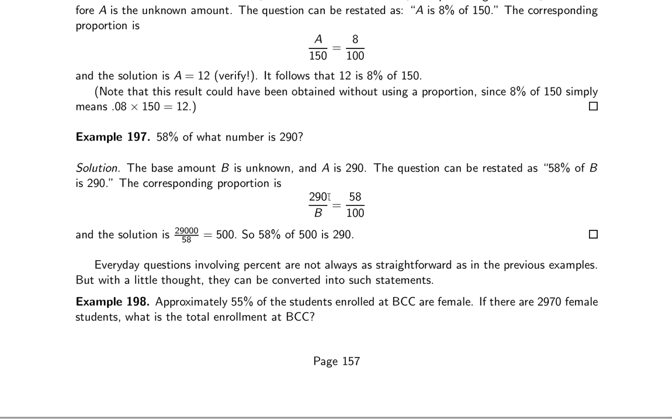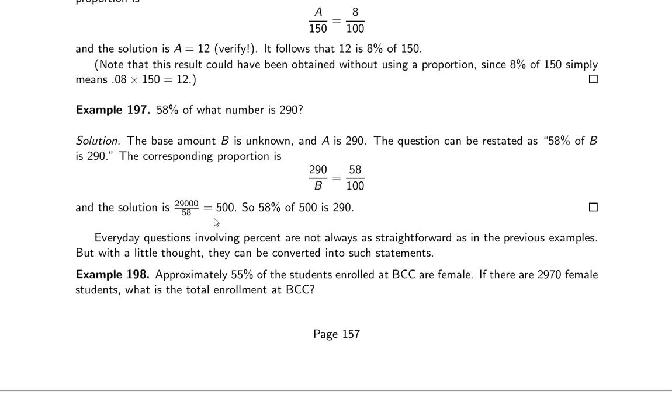So a is 290, b is missing. 290 over b is equal to 58 over 100. You could simplify the right side. I'll only cancel 2's.